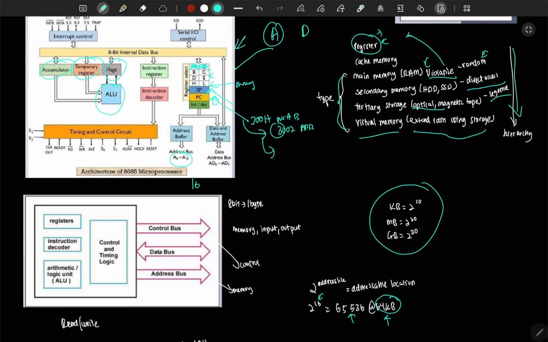So the addressable locations equal 2 to the power of the address lines, which is 16. The 16 lines are split as 8 and 8, which we call PC low and PC high.